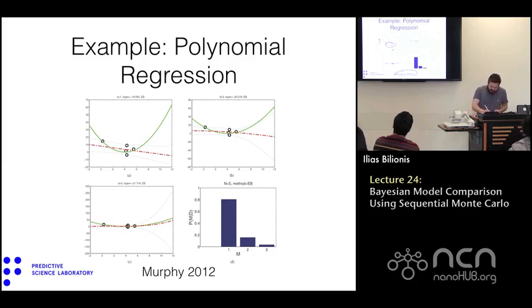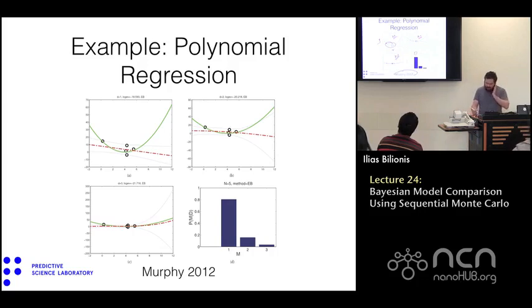And here he fits a linear function. Here he fits a two-dimensional function. Here he fits a three-dimensional function, in the sense of degree 1, degree 2, degree 3. And he's doing it for 5 samples.